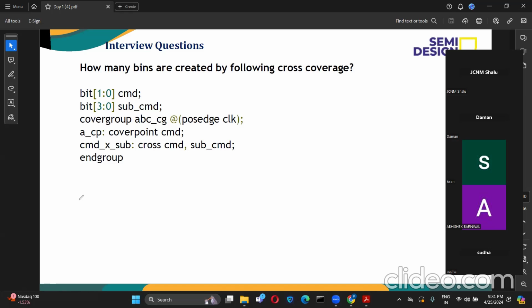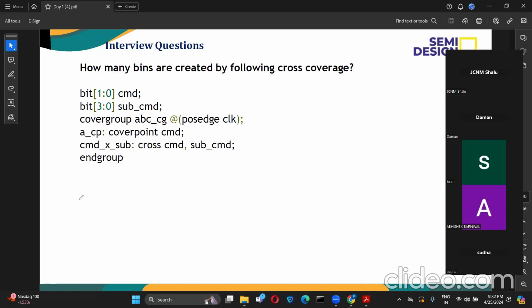So 16 into 4, 64 for cross coverage. Wow, 64 bins for cross. And for the command coverpoint only 4 bins. And for the cross one, it is 64.